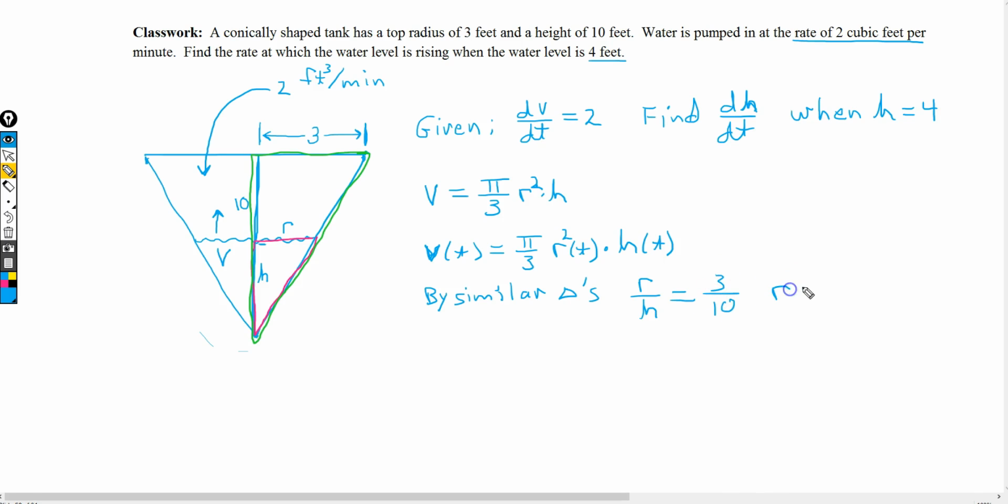And so r is equal to 3/10 h. And we can substitute this in place of the r. Then we'll have everything in terms of only V and h, and then we can differentiate and find dh/dt. So putting this in place of the r, what we get is this.